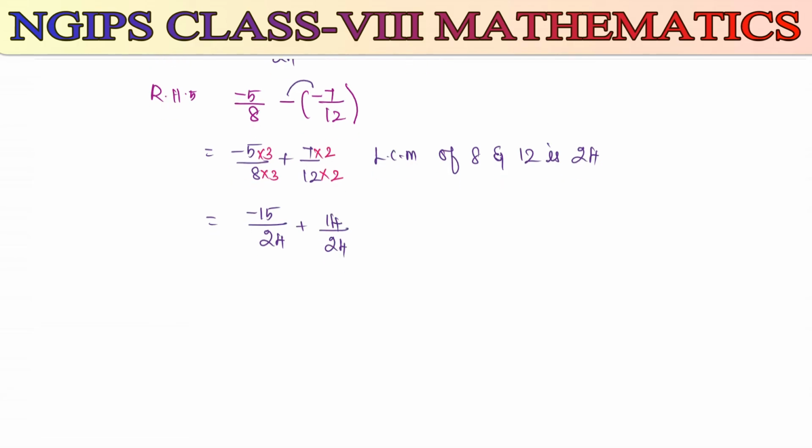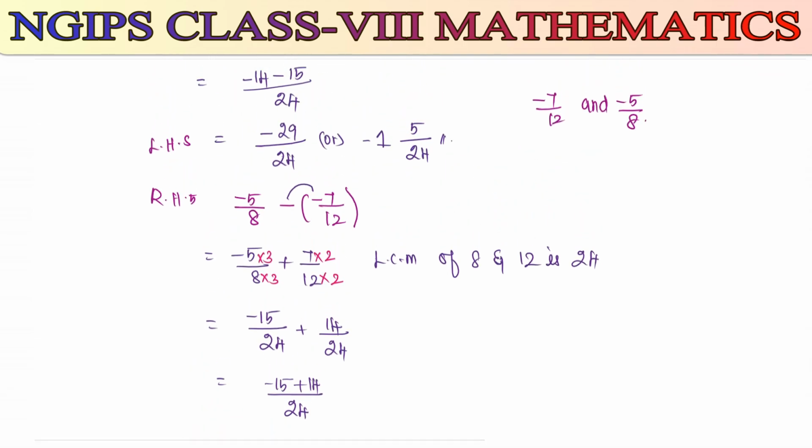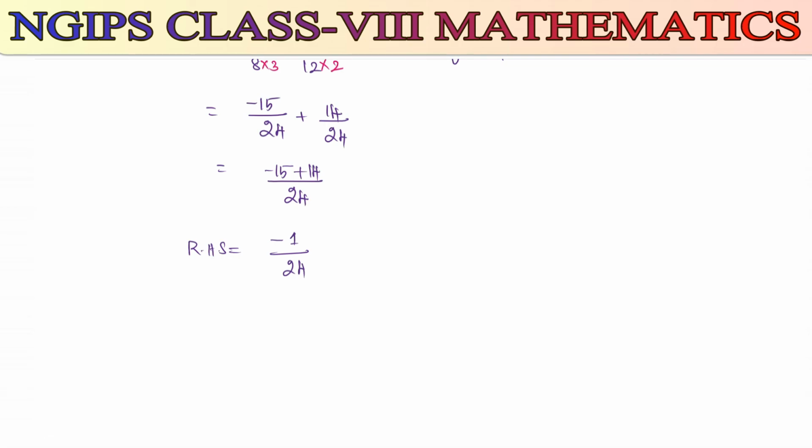Now the denominators are same, I can write once, 24. Further if we simplify the numerator, minus 15 plus 14, we will get minus 1 divided by 24. So RHS we got minus 1 divided by 24. LHS we got minus 29 divided by 24.